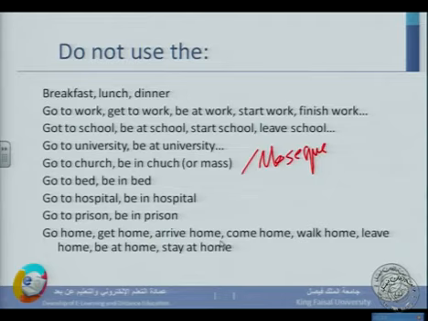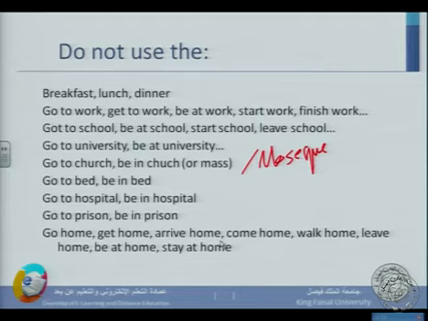Be in the mosque. بس خطأ. شو لازم نحكي؟ Be in mosque. من الخطأ أنه نحكي be in the mosque أو go to the mosque. مع المسجد أو المعابد الدينية church أو الكنيسة. We don't use the with these things.